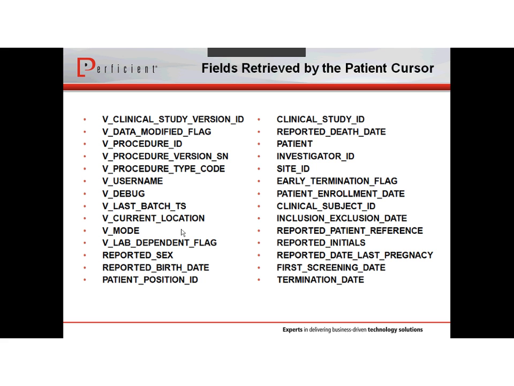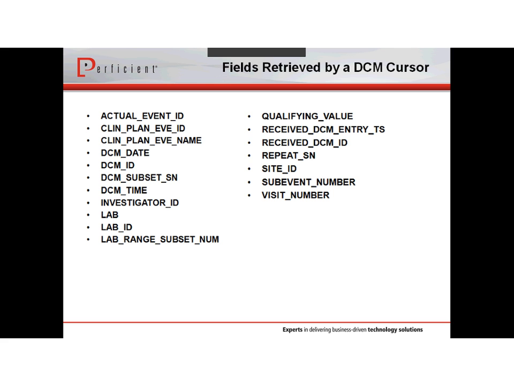The fields retrieved in the DCM cursor are these, outside of the actual questions that you specify. You get the actual event ID, the clinical event name, clinical event ID, DCM date, what DCM you're actually accessing, the DCI ID and subset sequence number. You get the DCI time, which isn't used very often, but it's possible to put that as part of the header information.